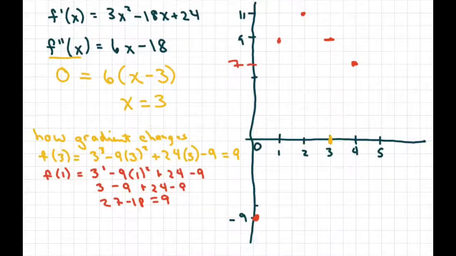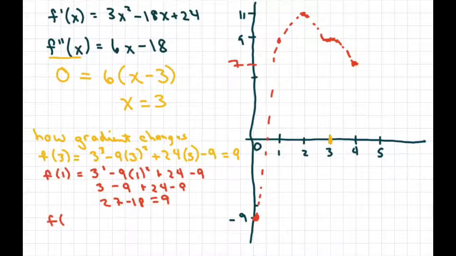So you can graph it here, kind of graph up to here. It comes back down to here. We have an inflection point here. It comes back down here. And then I already put in 5 as well.